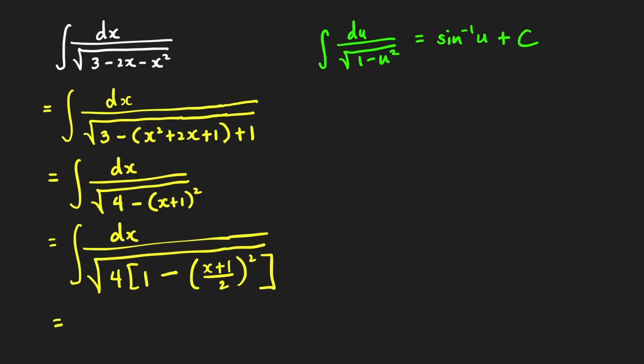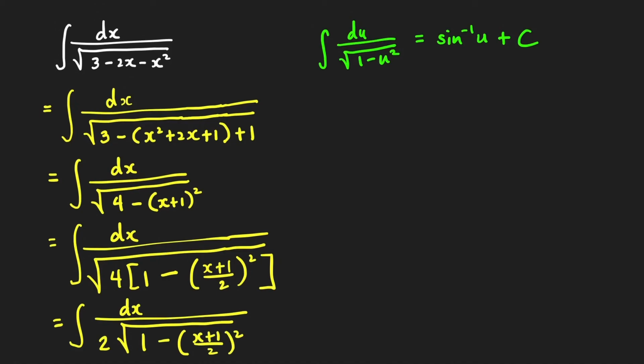And this is equal to integral of dx, square root of 4 is just equal to 2, so that is 2, and then square root of 1 minus the quantity x plus 1 over 2 quantity squared. So here, if we let u be equal to x plus 1 over 2, then our du is just equal to 1/2 dx. So therefore, this expression here is just equal to our du, and this is equal to u.